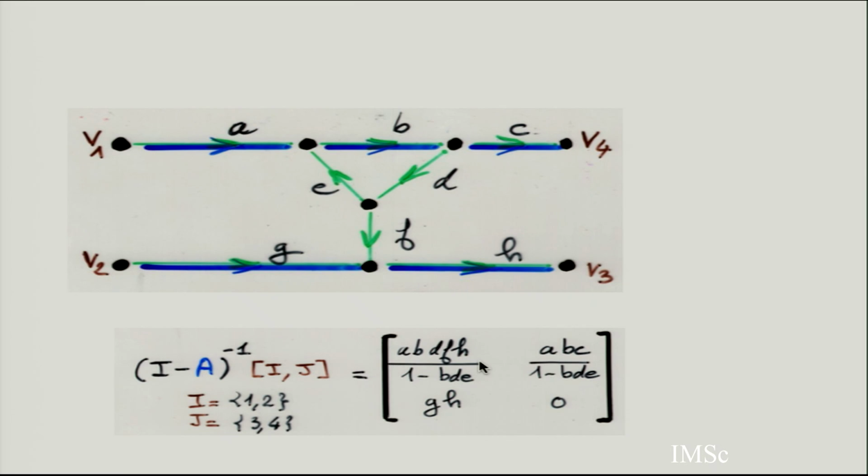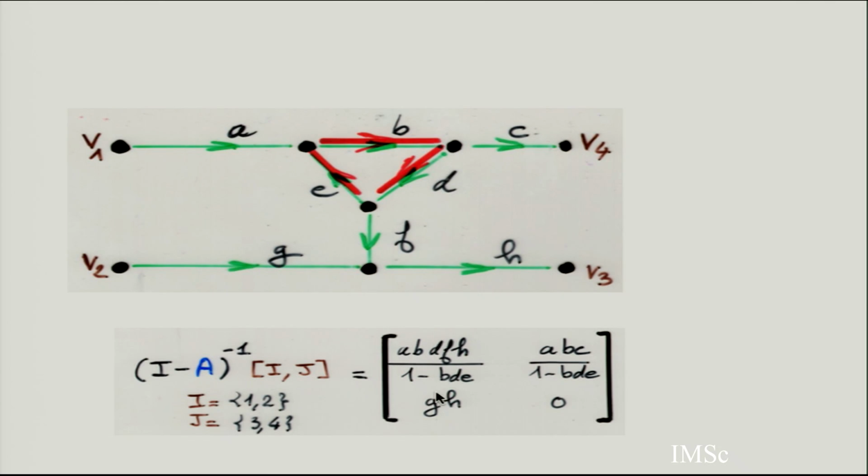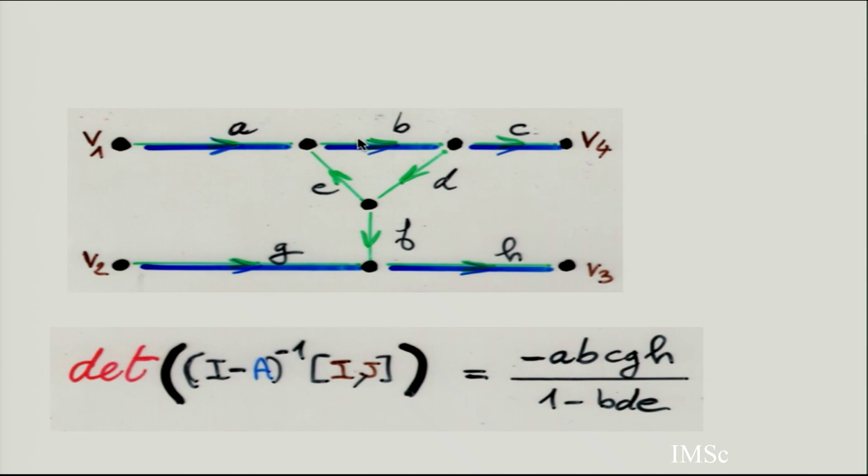Another path is this one, A, B, C. And again, when you are on this path, you can put many cycles, which gives you this. G, H corresponds to this path. The denominator corresponds to this cycle in red. Now the determinant is going to be this.